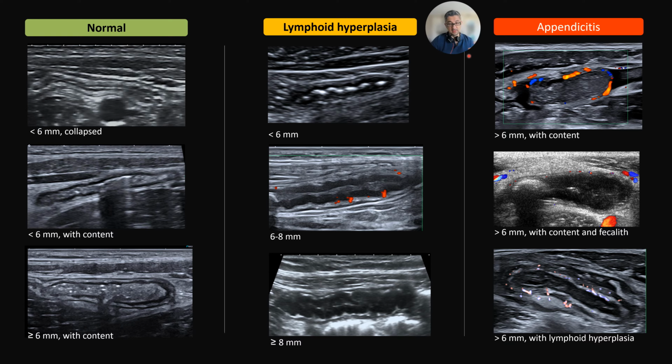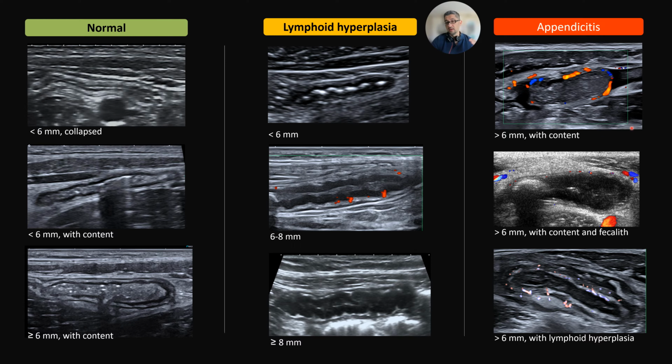I haven't seen a single case under 6 millimeters that turns out to be appendicitis. So size is important. When it's under 6, you can reliably call it normal or normal with lymphoid hyperplasia. But when it's over 6 millimeters, as you can see here, it doesn't mean that it's appendicitis. It can still be normal.